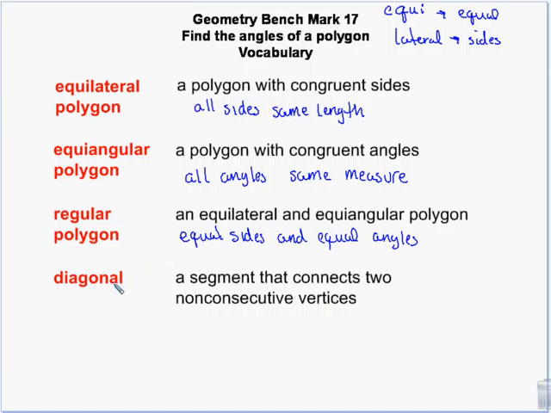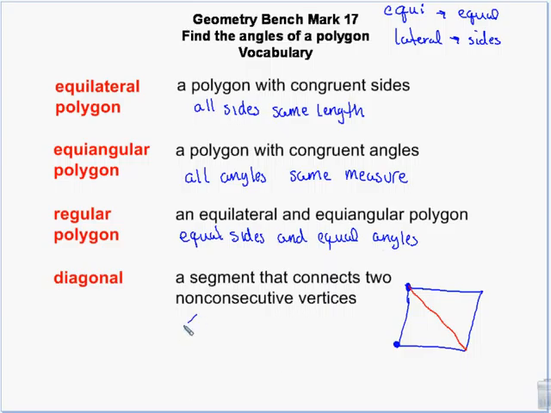And then we talked about the diagonals already. Diagonals connect two non-consecutive vertices. So consecutive means in order. So these are consecutive vertices. The diagonal connects non-consecutive vertices. And that doesn't mean it has to be diagonal.